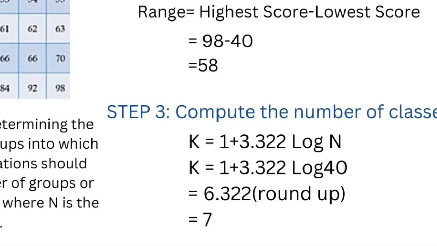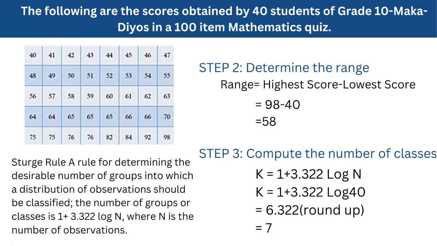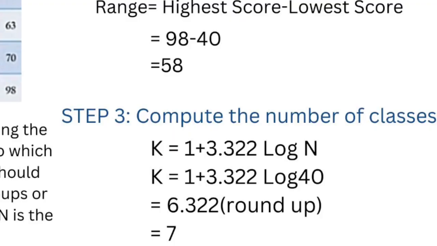So in this solution, we put the equation k equals 1 plus 3.322 log n. After that, we use a scientific calculator. Just add 1 plus 3.322 times log 40. The total was 6.322. So we need to round up. The final result would be 7.